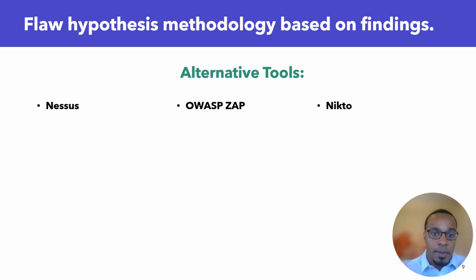Now, the hypotheses and methodology: based on the findings of those tools, utilizing the alternative tools, I could effectively identify and summarize the vulnerabilities found and conduct my research to determine the critical levels of each vulnerability located on the target system.